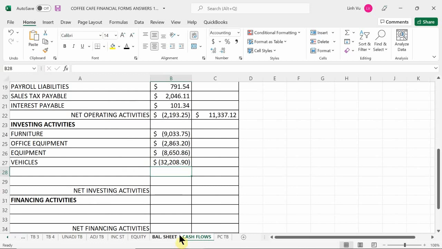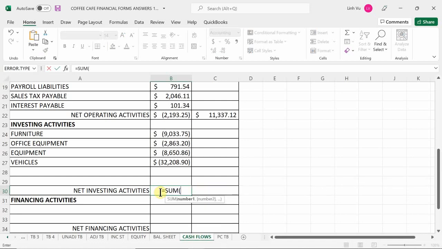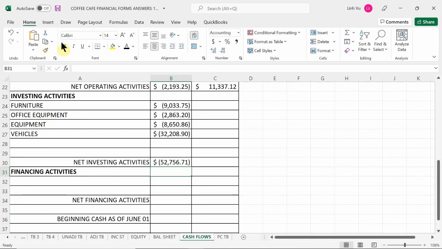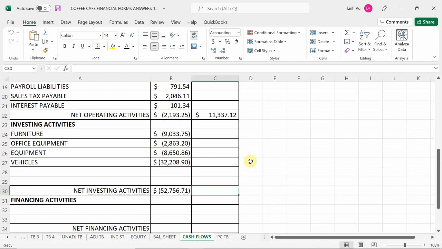$32,208.90. Once again, I need to determine how much my total investing activities was. So equal sum this. And I get a total of $52,756.71. That's how much money I spent to invest into my company.